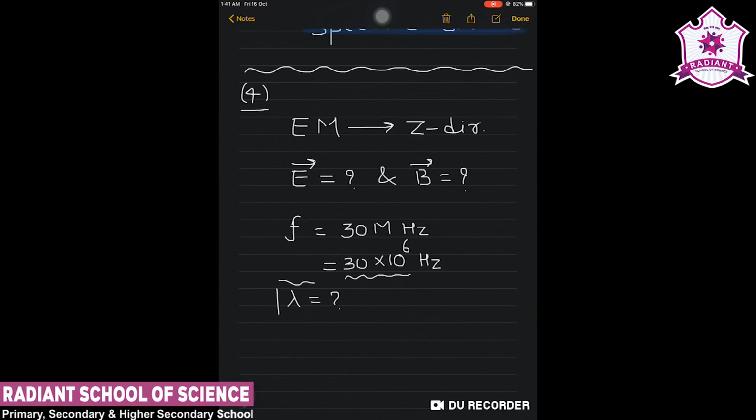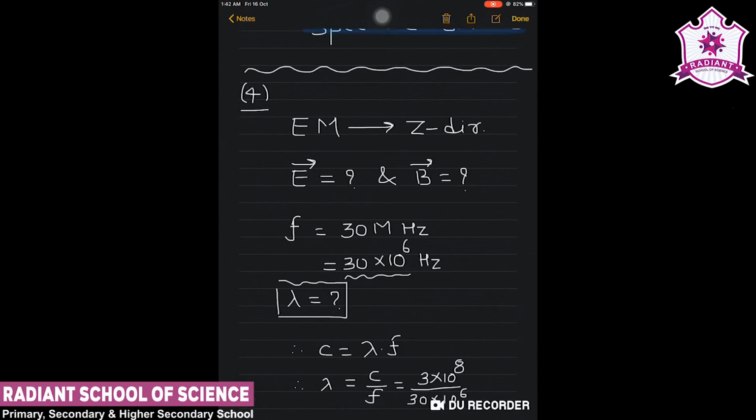First of all we will calculate the wavelength from the above equation. We have already used c = λf, as we know that the electromagnetic wave speed is a constant. Now they have given us the frequency, so λ = c/f. Here c is 3 × 10^8, a very well known value, and the frequency is 30 × 10^6.